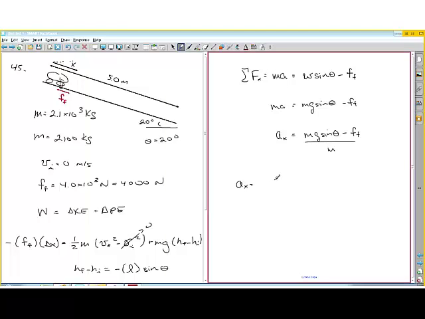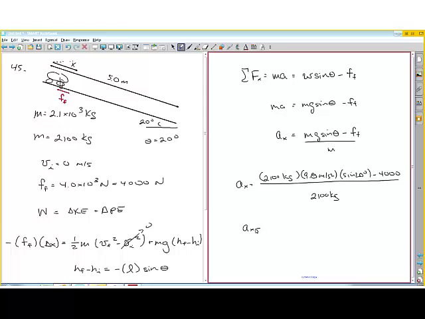So let's plug it in there. The mass is 2,100 kilograms times g, which is 9.8 meters per second squared, times the sine of 20 degrees, minus 4,000, which is your friction force, divided by your mass, which is 2,100 kilograms.